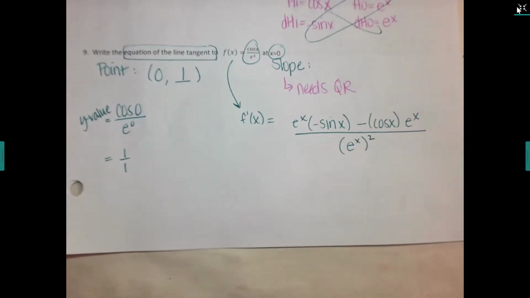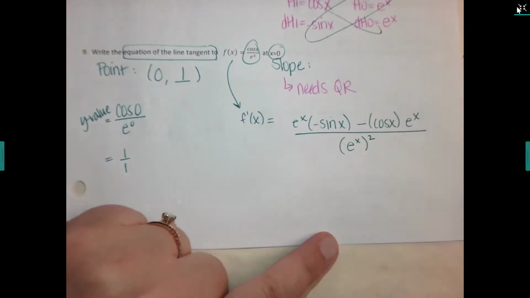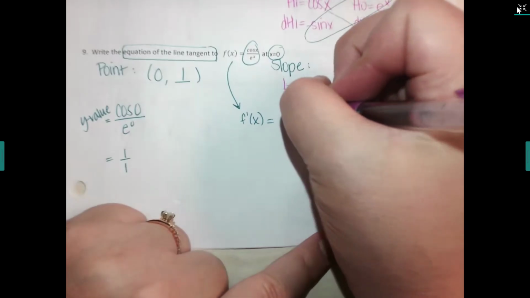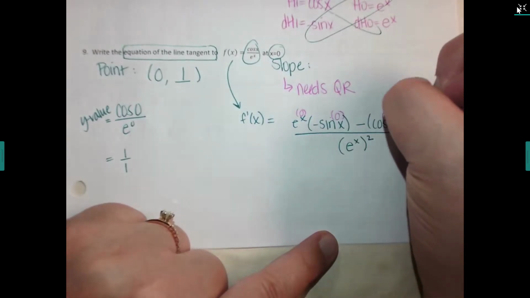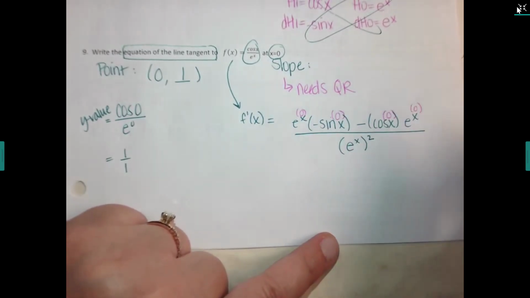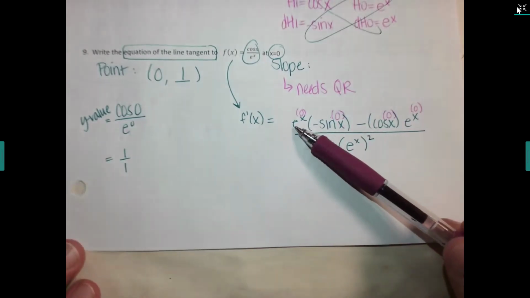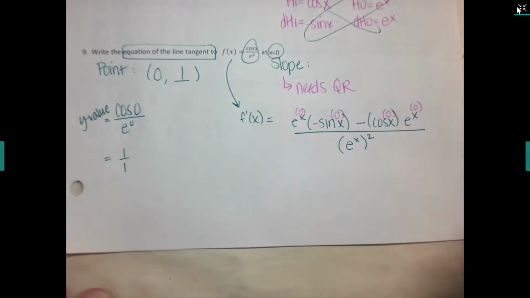Now, if I didn't have a number to plug in, I would look for a GCF. But what x am I plugging in here? 0. So I'm just going to go ahead and plug a 0 into all those spots and then think about what's going to happen. What is e to the 0 for this first term? That's a 1.